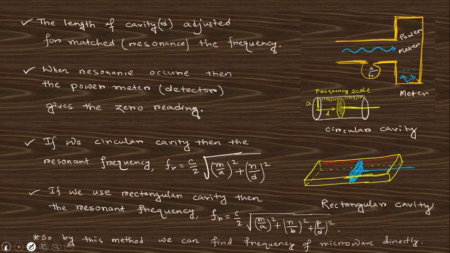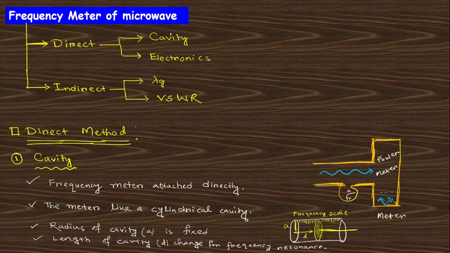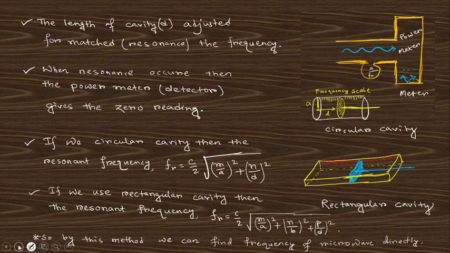But in the previous two cases we directly measured the frequency of the microwave. Clear? So in the direct method we directly measure the microwave frequency using a cavity, and there is a frequency counter.